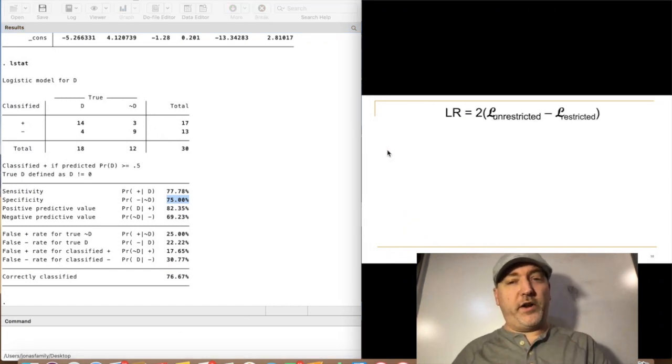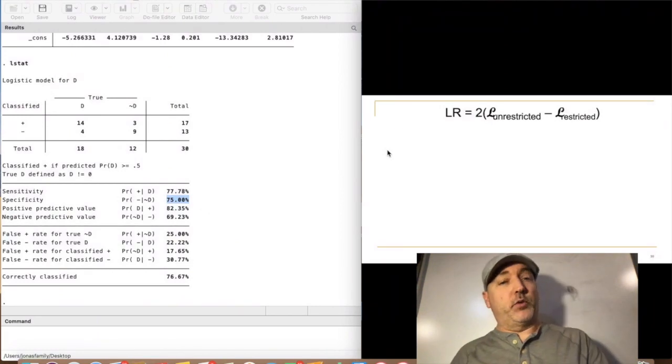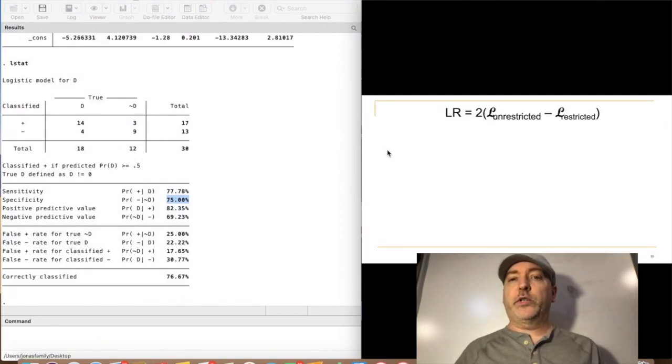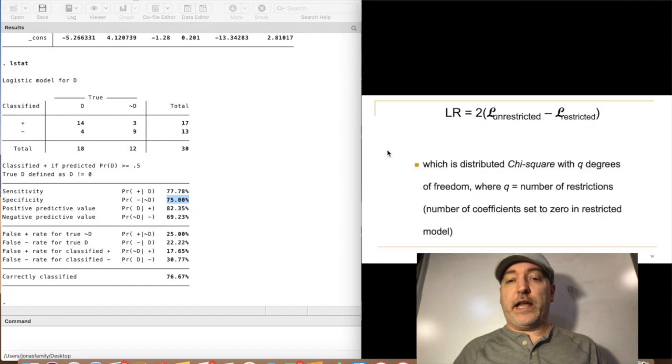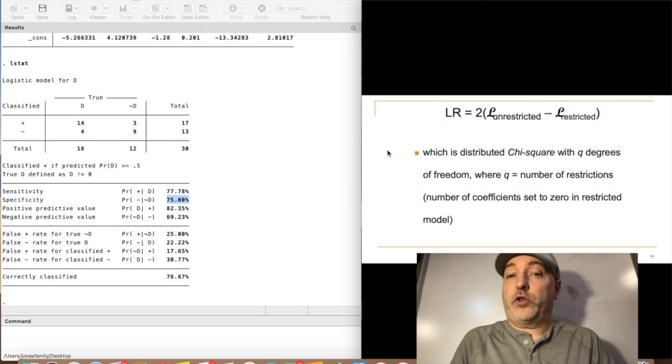Okay, one other thing to look at is joint significance testing, both for the purposes of goodness of fit measures and model specification. Because we're not using an R squared or a sum of squared residuals, that F statistic that we enjoy so much in OLS is not on the table. So we use a likelihood ratio test statistic that again does the same thing that the pseudo R squared does.